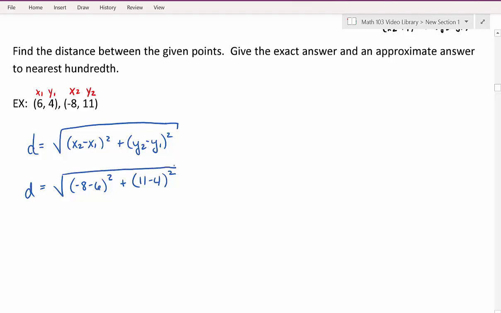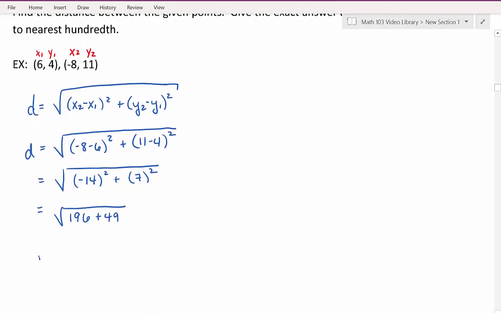We want to clean up underneath of our radical. We get the square root of (-14) squared plus 7 squared, which will be the square root of 196 plus 49, which is equal to the square root of 245.